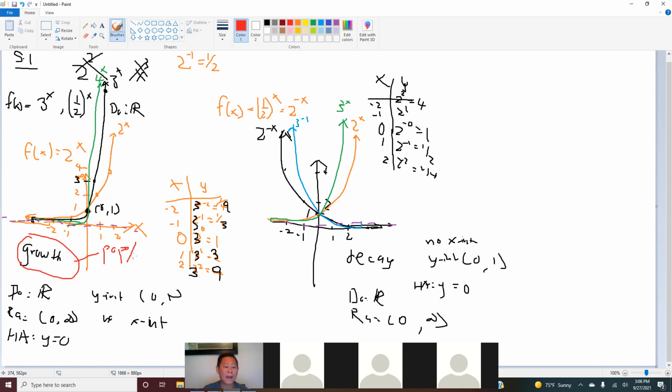Another one is bacteria. If you leave bacteria outside your fridge, your bacteria will grow exponentially, meaning you grow very slowly first, then after that you grow really fast.